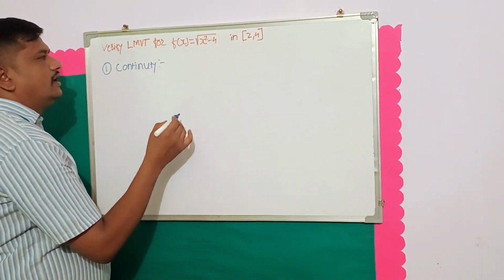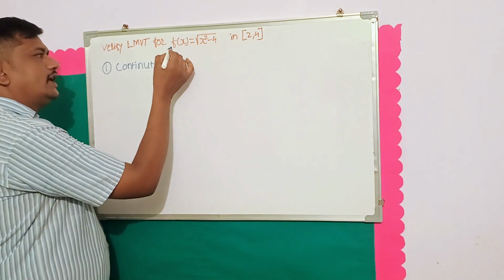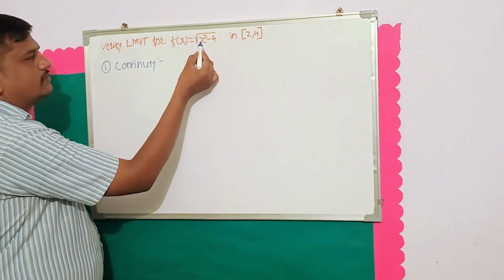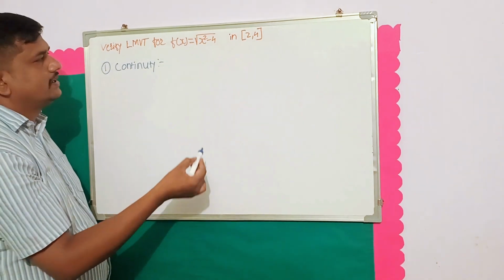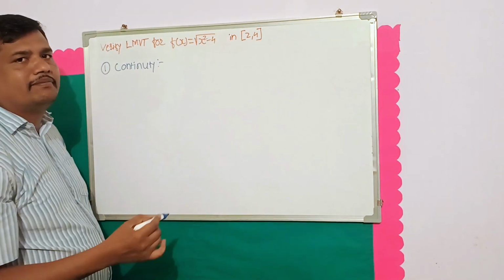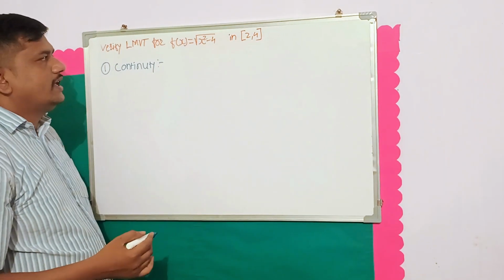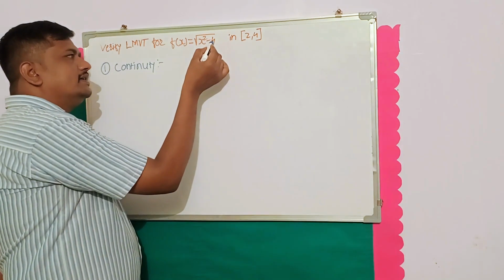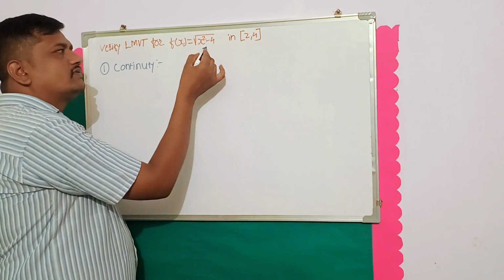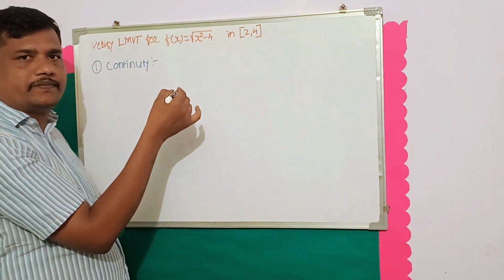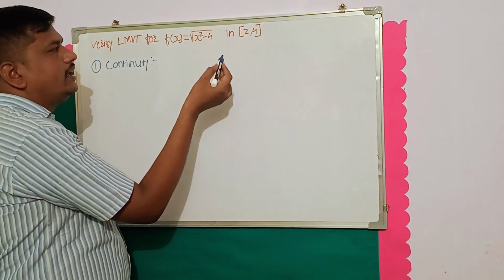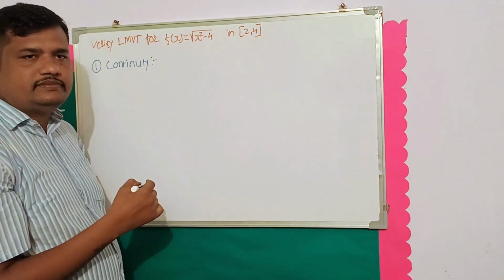To check whether this function f of x is continuous, we have to check for what values of x the whole term inside this square root will become negative. This will become negative if the value of x square is less than 4, and that is possible only if x is less than 2.